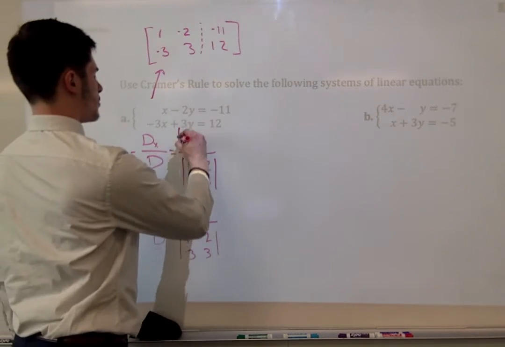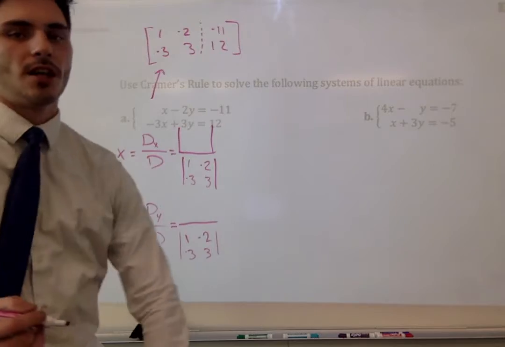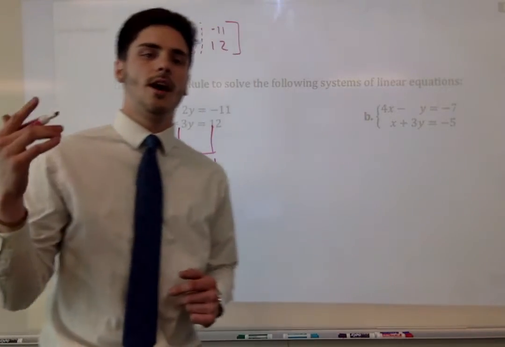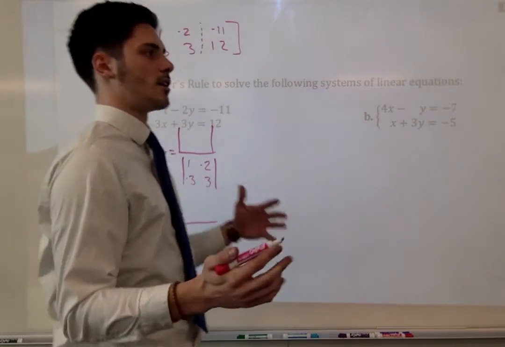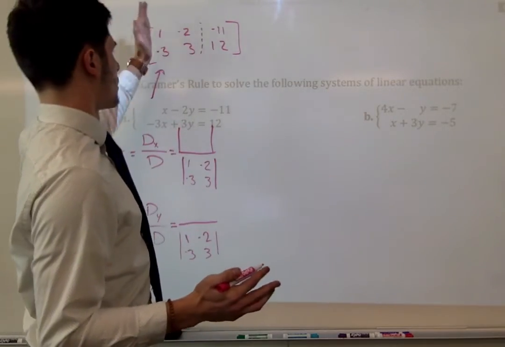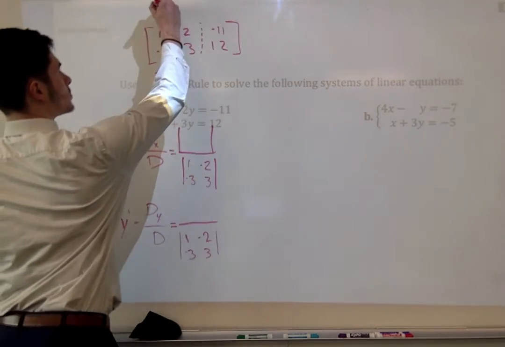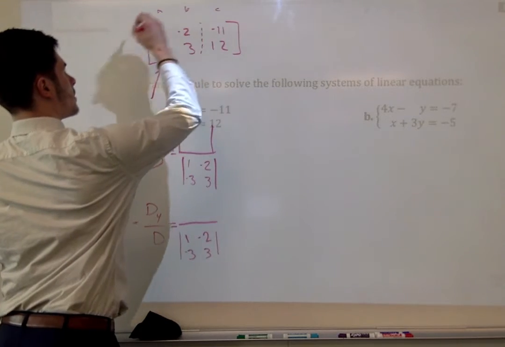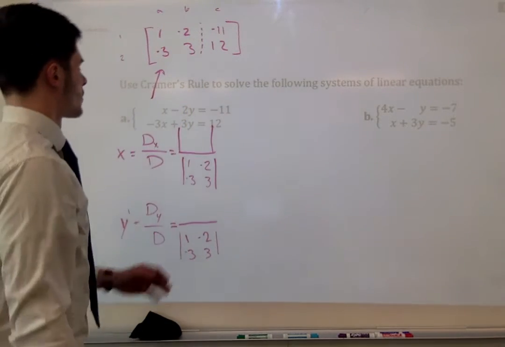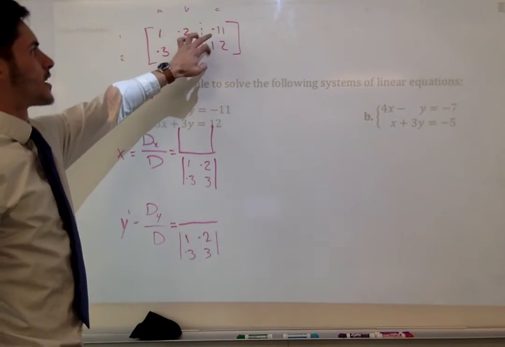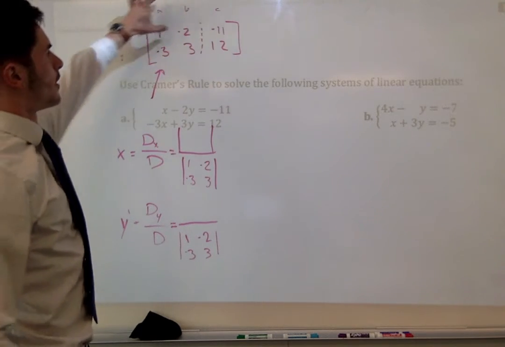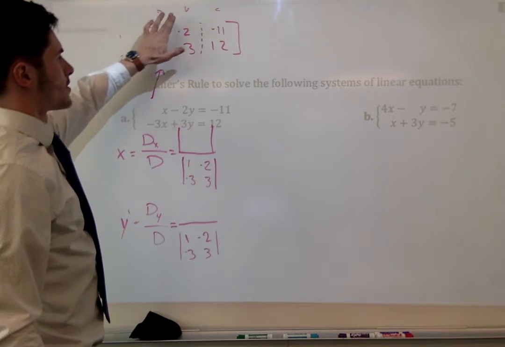dx, remember dx is going to be the matrix we obtain when we replace the column that's associated with the x's, which is this column, the A column, right? This is A, B, C, and this is 1, 2. So we know that we're going to replace the A column with the C column. So we're going to move this over here, and we're just going to rewrite it as it would be.